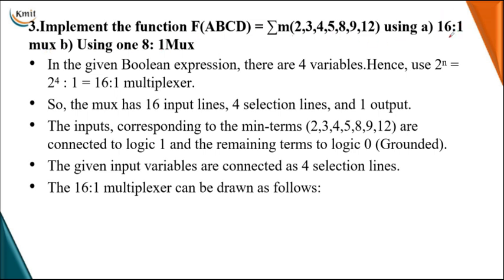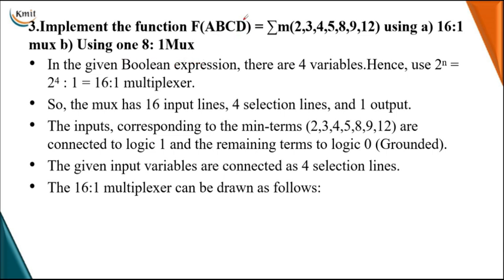So first let me try with this 16:1 multiplexer, designing your function f of ABCD, which is sigma m of 2, 3, 4, 5, 8, 9, 12 using a 16 by 1 multiplexer, and thereafter we will move to your 8:1 multiplexer.